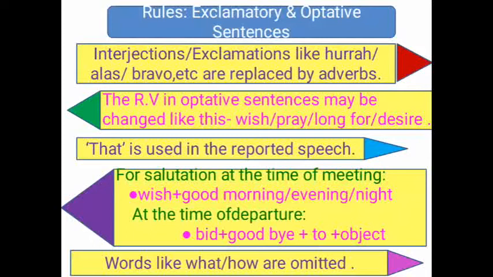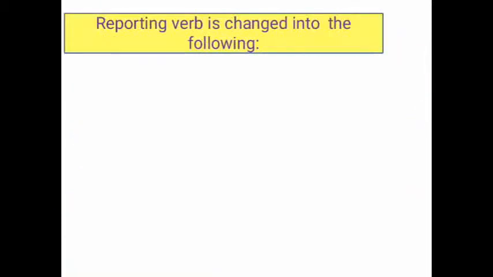Sometimes in exclamatory sentences, to show some kind of surprise, we use the words like what and how. So these need to be avoided in the indirect speech, and in place of that, we need to use the appropriate adverb or appropriate reporting verb. The reporting verb is changed into the following. As there are different kinds of emotions, these emotions have to be reported in different ways.